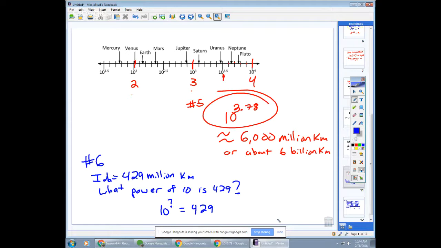So we can place Ida on that logarithmic scale, we need to know what power of 10 that is. How do we figure that out? Log. Yeah, it's a log, right? So the log of 429 is the power that we want. Exactly. It was 2.63. Yeah, so we can kind of guess it, but the log allows us to nail it down.